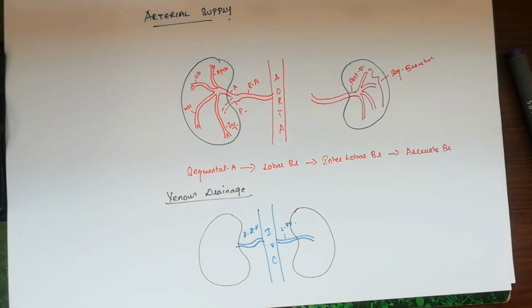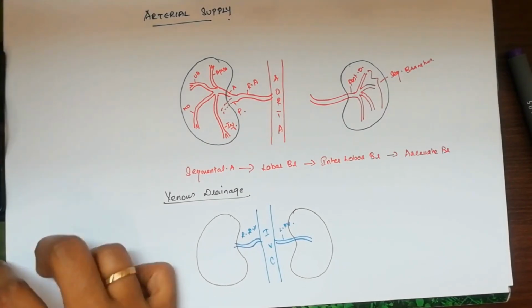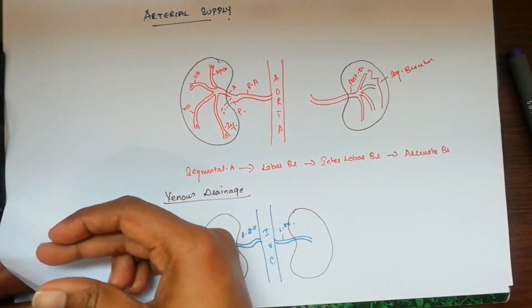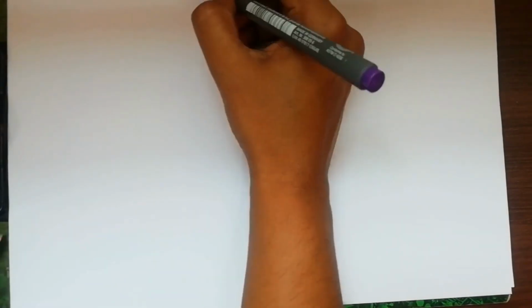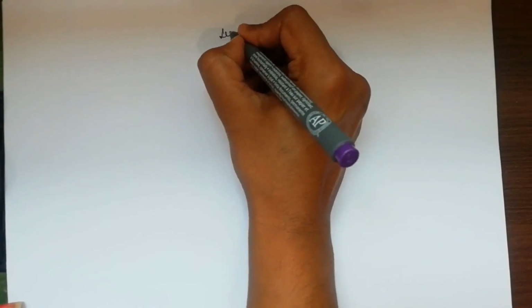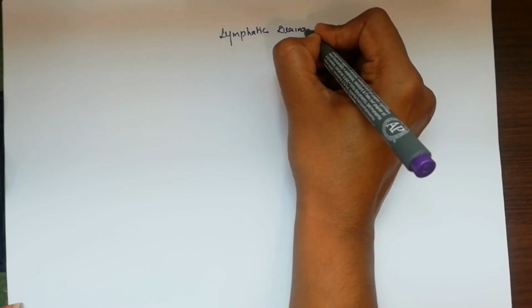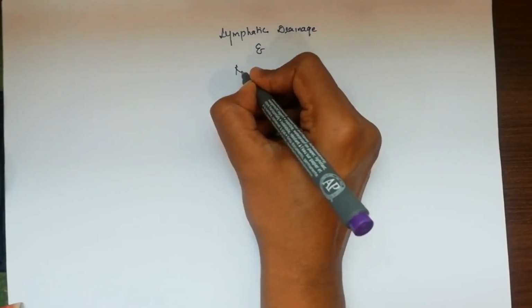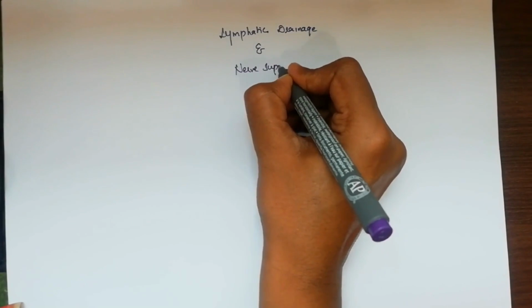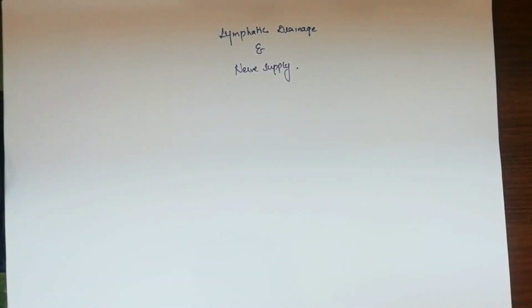Now we will see lymphatic drainage and nerve supply. Talking about lymphatic drainage, we have aortic lymph nodes.